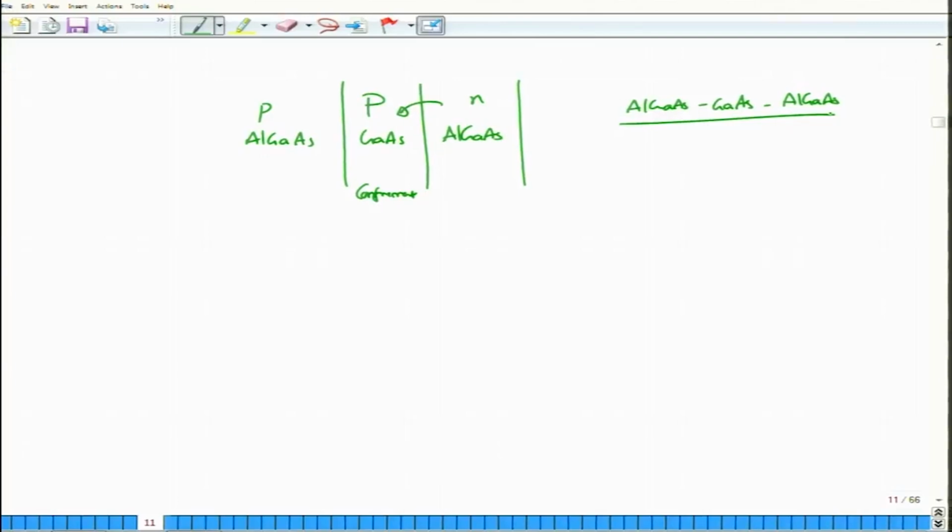Okay. Which of course provides both confinement to the carriers as well as to the optical modes in the same material structure. Of course, in an actual material there will be many different layers. It is also possible to get an even better laser, which is called a quantum well laser, in which the thickness of the central region is made very small. This is in the range of just about an angstrom, instead of about 100 to 200 angstrom.